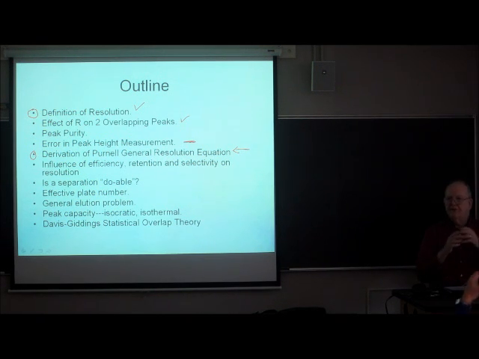Why are the peaks not well enough separated? And there's 3 issues involved. Number 1, is there enough retention? Number 2, are the peaks sufficiently different in their position? And number 3, does the column really have an adequate number of plates to do the separation?